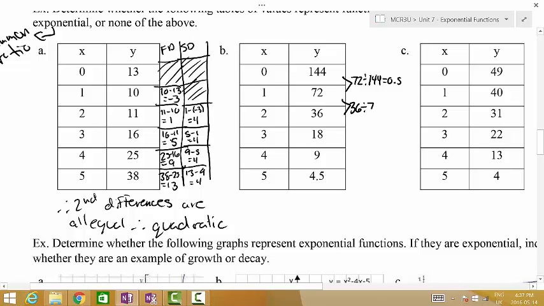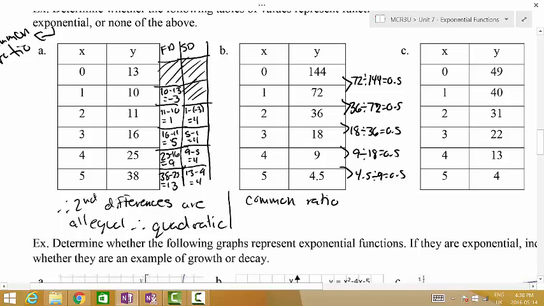If we keep going, 36 divided by 72, 0.5. 18 divided by 36 is 0.5. 9 divided by 18 is 0.5. 4.5 divided by 9 is 0.5. We have a common ratio, which means that that table of values represents an exponential.